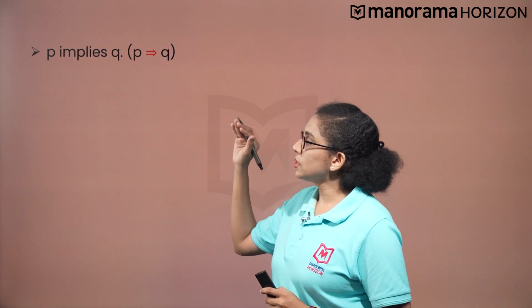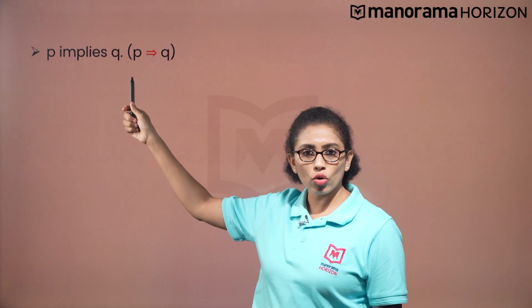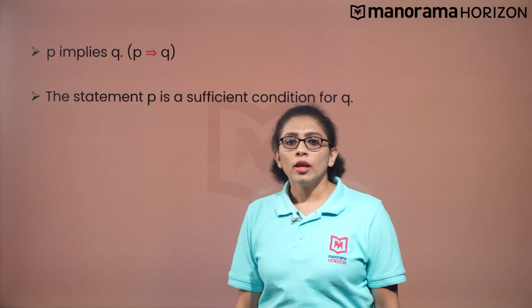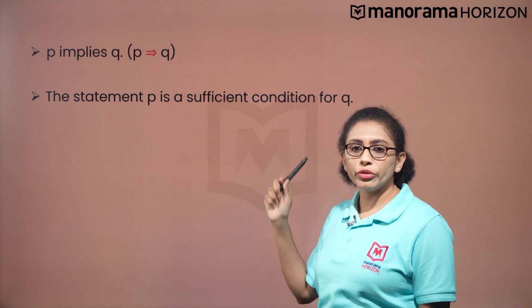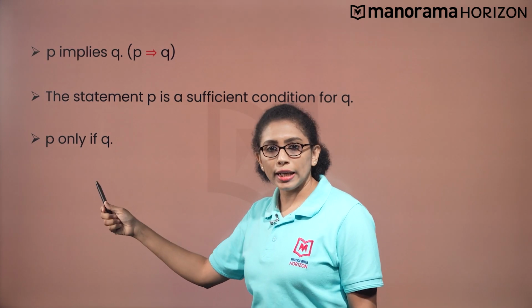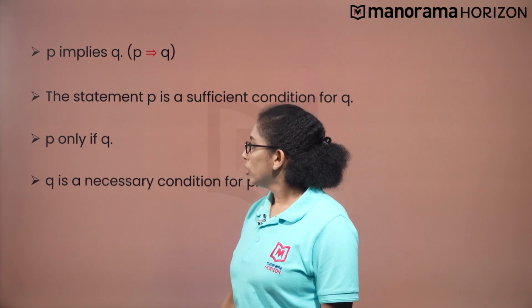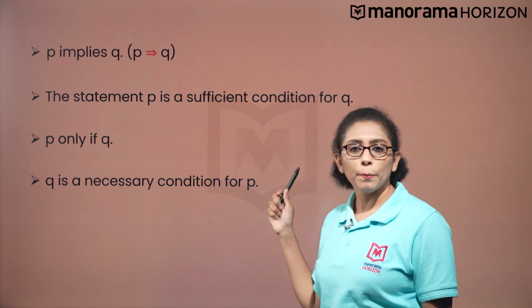P implies Q. It can also be denoted with a symbol as shown here. Then the statement P is a sufficient condition for Q. Then P only if Q. Finally, Q is a necessary condition for P.